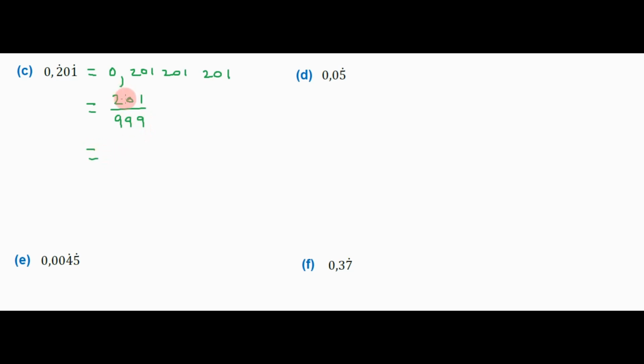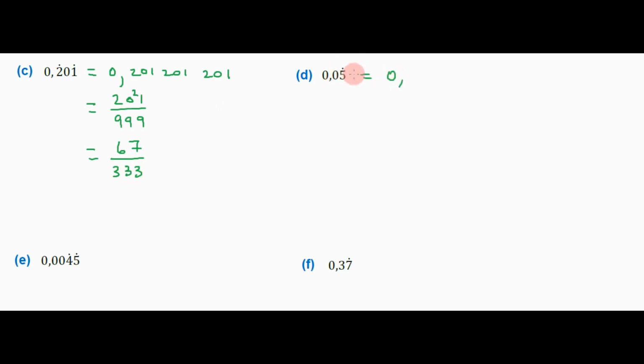We can now simplify this. 3 into 20 goes 6 times, carry 2, and 3 into 21 goes 7 times. Into 999, 3 goes 333 times.